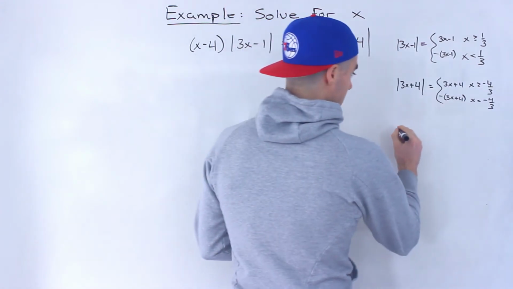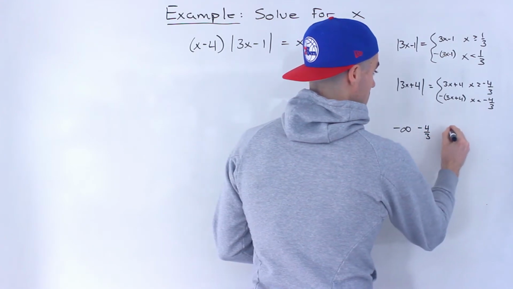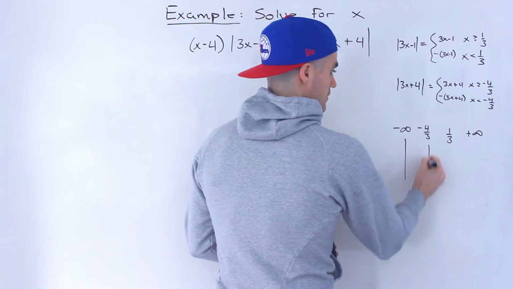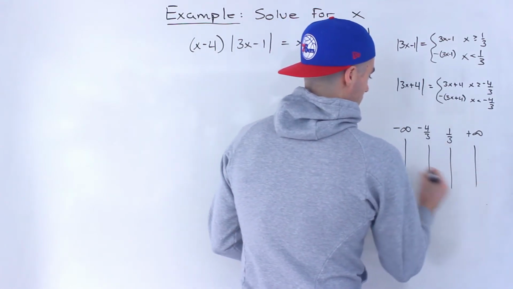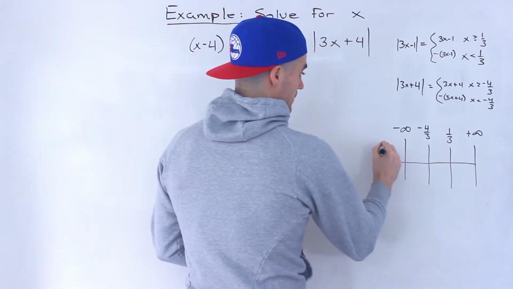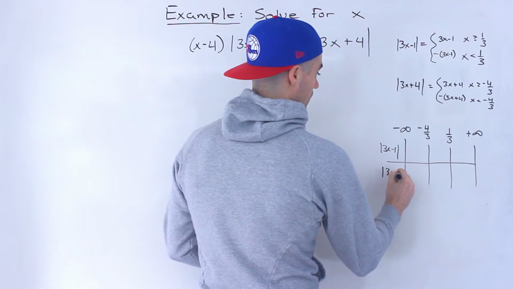If we create a sign chart here, just to visually show this, like I did in the previous examples, what we're concerned about is the absolute value of 3x minus 1 and the absolute value of 3x plus 4.